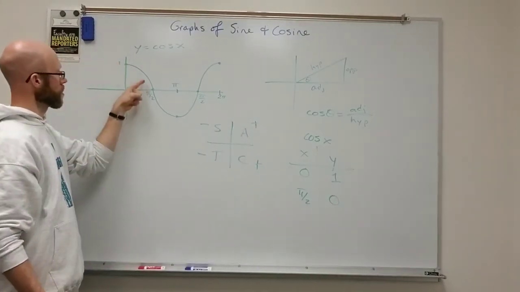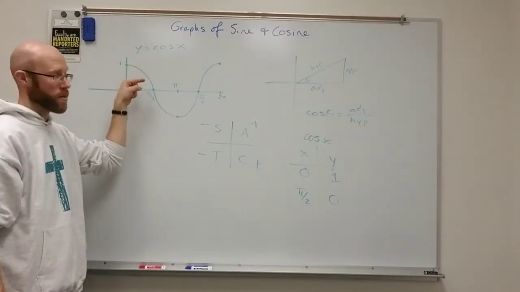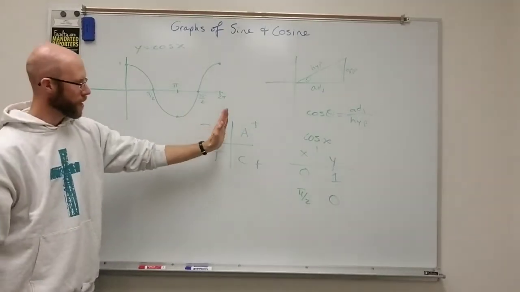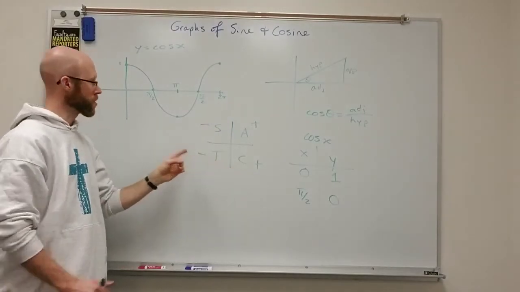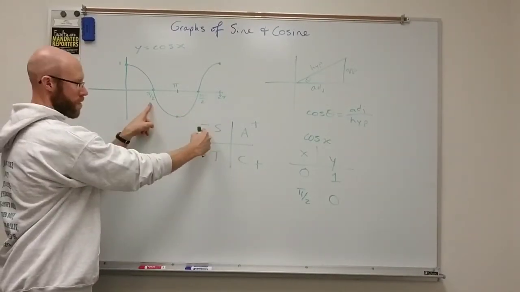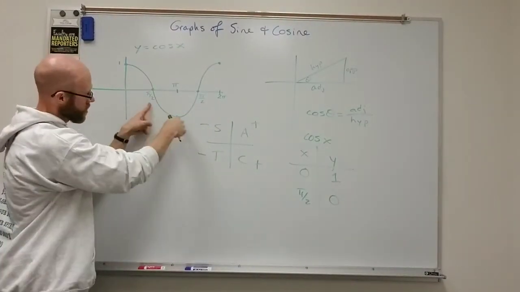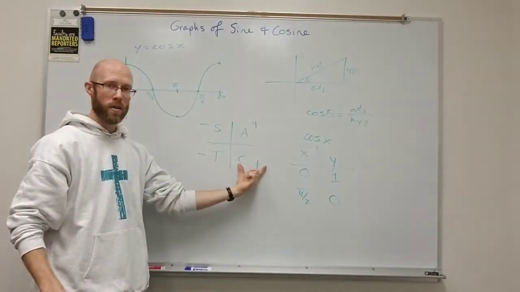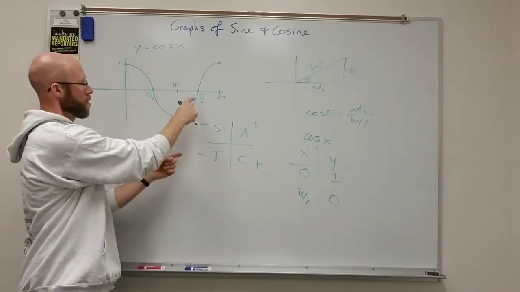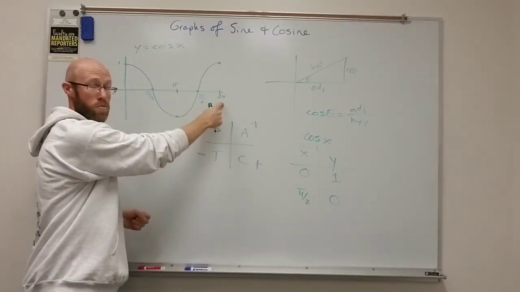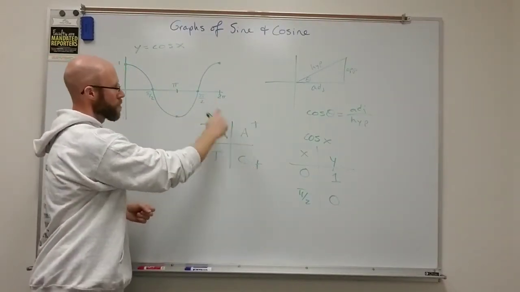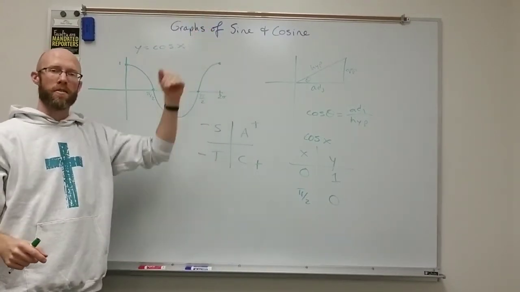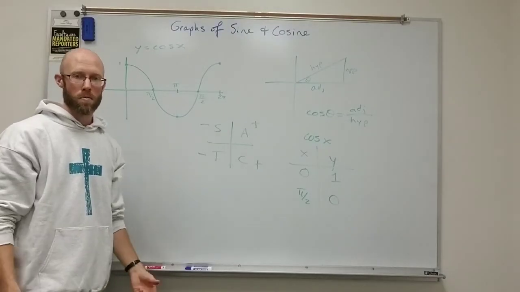Those are positive, right? All the values are above the x-axis, they're positive. In the second and third quadrants, from an angle of pi over 2 to 3 pi over 2, cosine values are negative, which makes sense. It's down below the x-axis. And in the fourth quadrant, from 3 pi over 2 to 2 pi, the cosine values are positive, which makes sense because it goes back above the x-axis. Okay, so they're positive there.